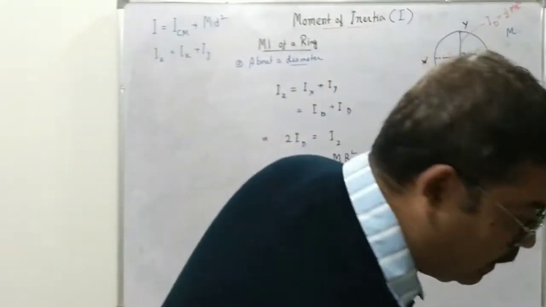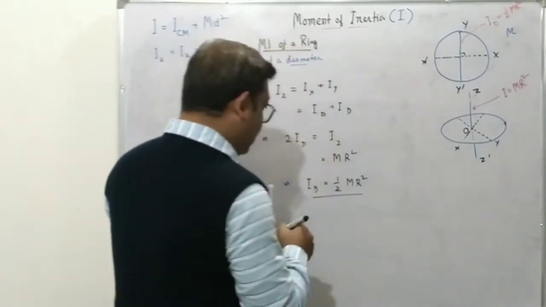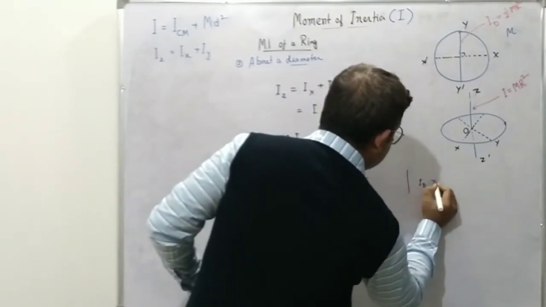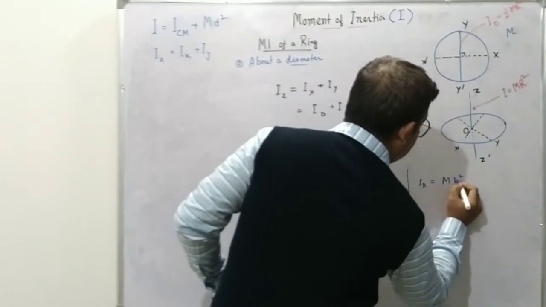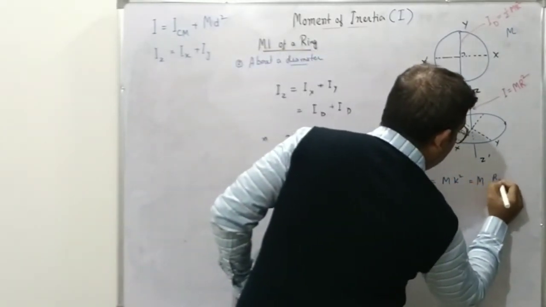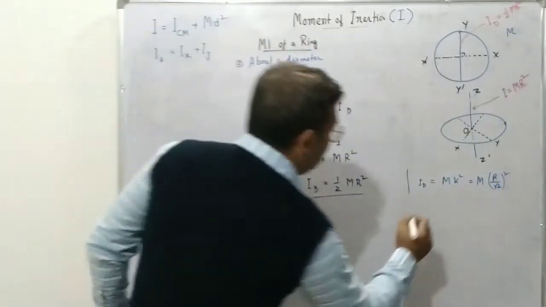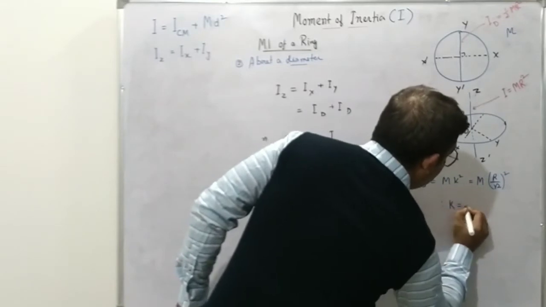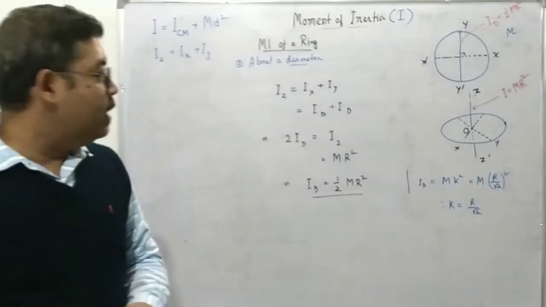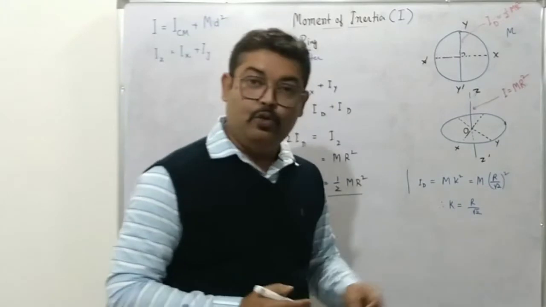Now we need to remember another thing about the radius of gyration. If we consider the radius of gyration here, ID must also be equal to m into k square, which is given by this. So we can rewrite this as m into r by root 2 whole square. Therefore, k in this case will be r by root 2. So radius of gyration of a ring rotating about its diameter will be r by root 2.